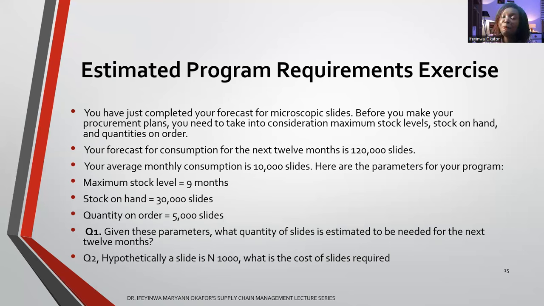That's what you obtained when you did your forecast for slides. Now, your average monthly consumption is 10,000 slides per month. Here are the parameters for your program, as you get from your facility: maximum stock level, 9 months; stock on hand, 30,000 slides; quantities on order, 5,000 slides.